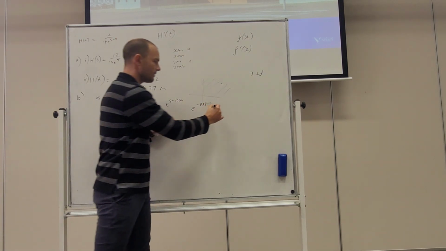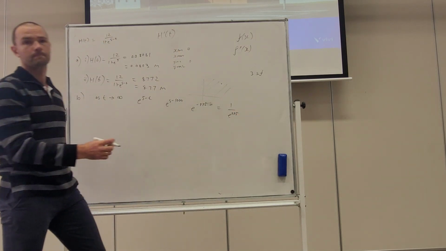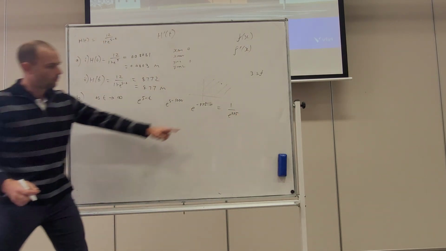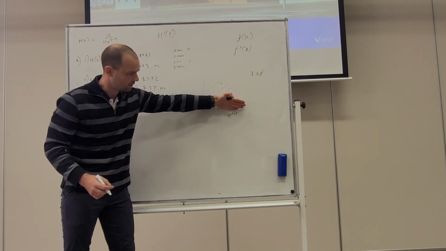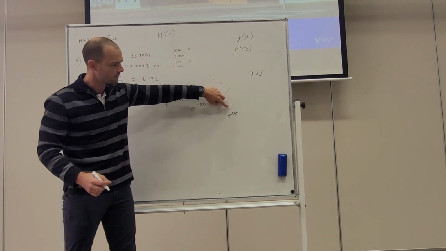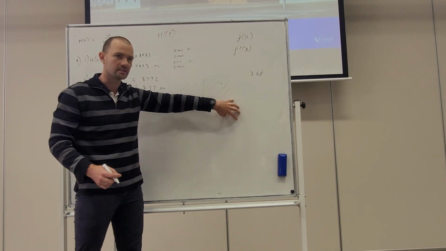Which is the same as 1 on top of e to the 995. Now, 1 divided by an enormous number, e to the 995. So if we have 1 divided by an enormous number, this component is approaching 0.